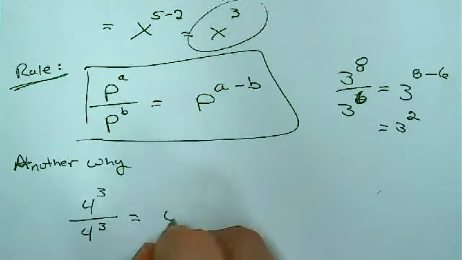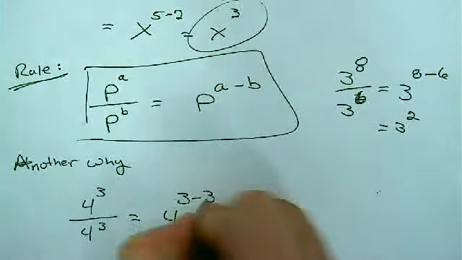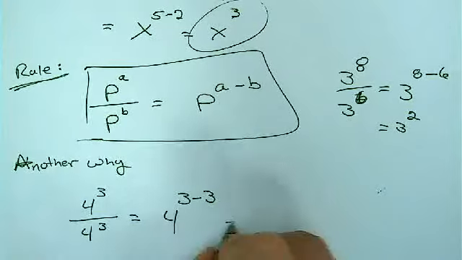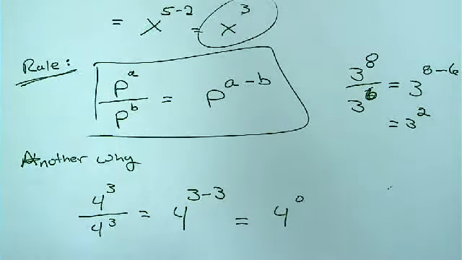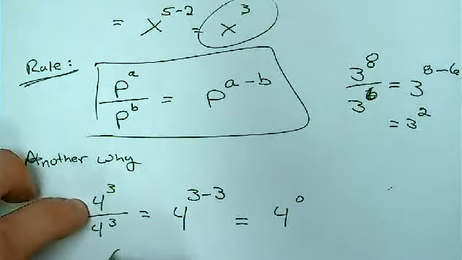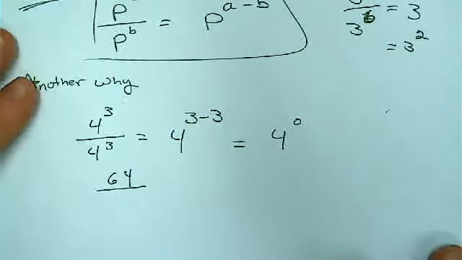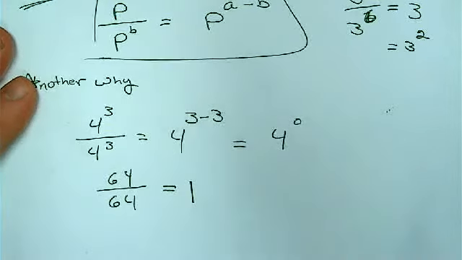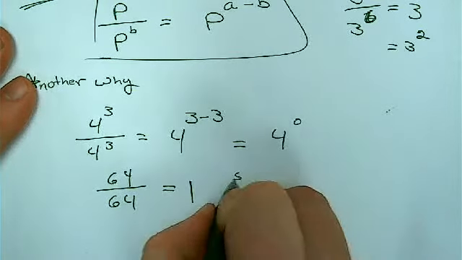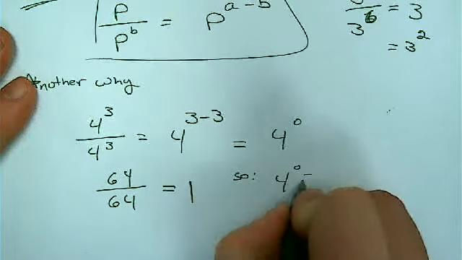So this would be 4 to the 3 minus 3, right? 0. Which is 4 to the 0. But isn't it always 1? Well, let's see, 4 to the 3rd, that's 64, divided by 64, which we know is 1. So, 4 to the 0 must be 1.